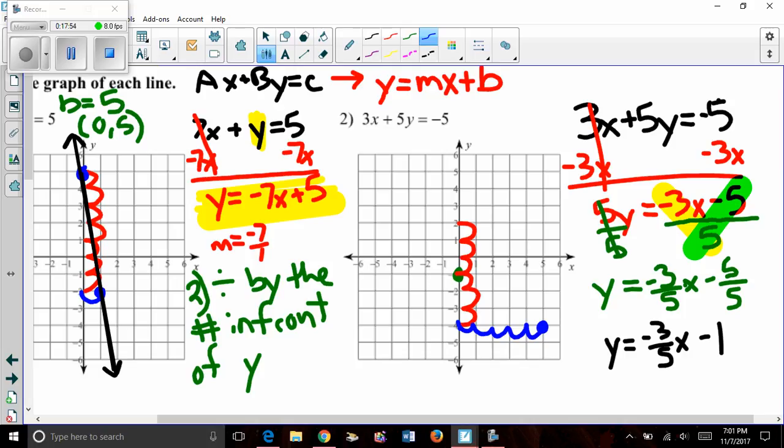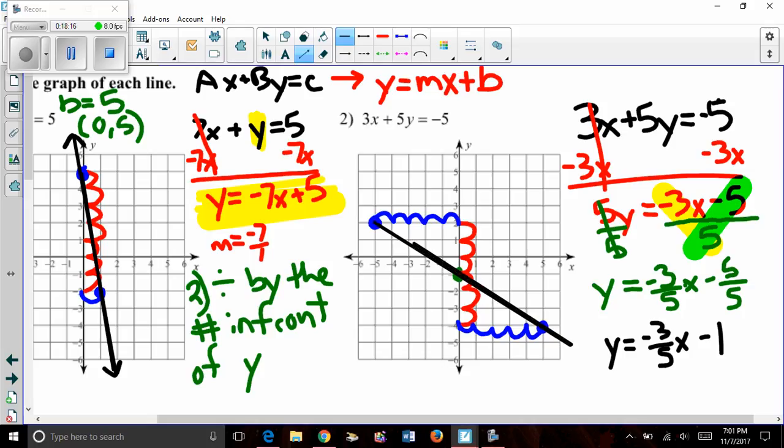Instead of going to the right 5, I'm going to go to the left 1, 2, 3, 4, 5, giving me my third point right there. Look closely and you will see that these points are all in line with each other right here, meaning we did good on our graphing.